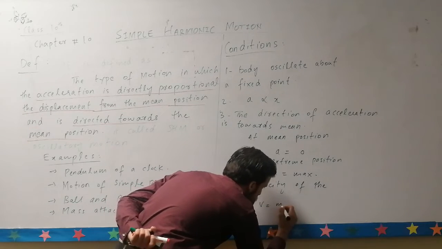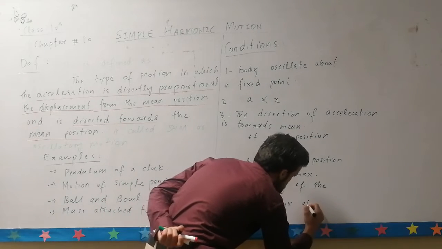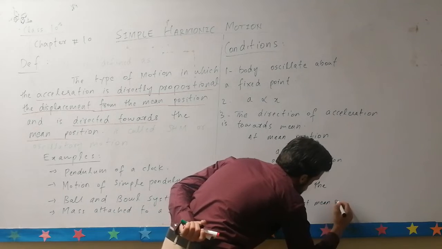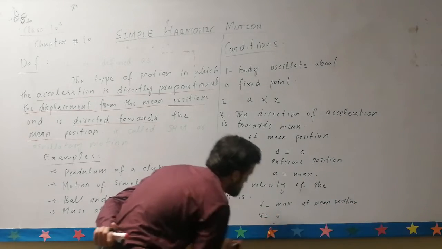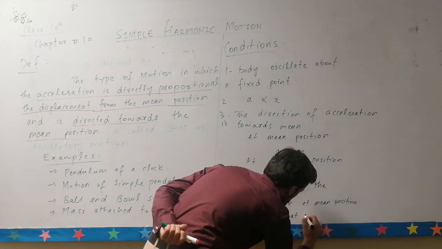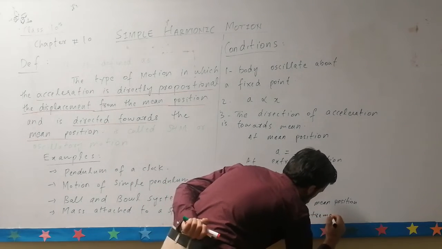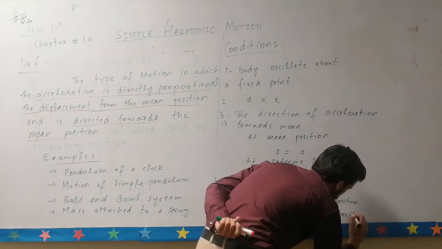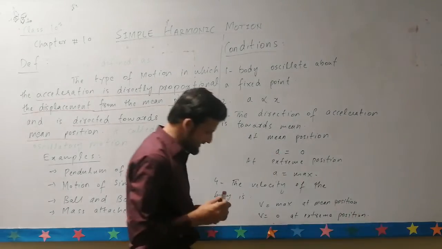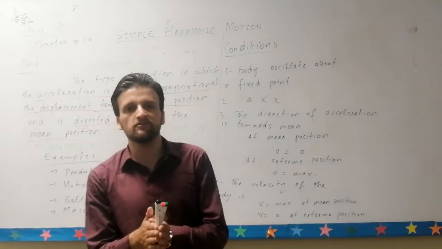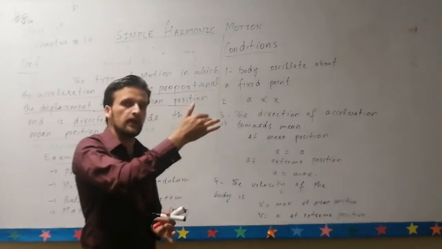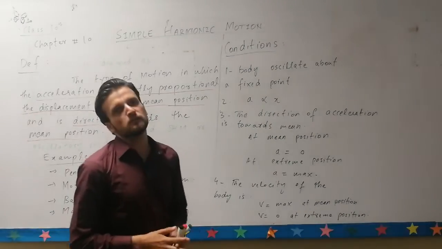V is maximum at the mean position, and V is equal to 0 at the extreme position. Actually, the extreme position is a point where the object goes to the state of rest for an instant and then moves back towards its mean position.